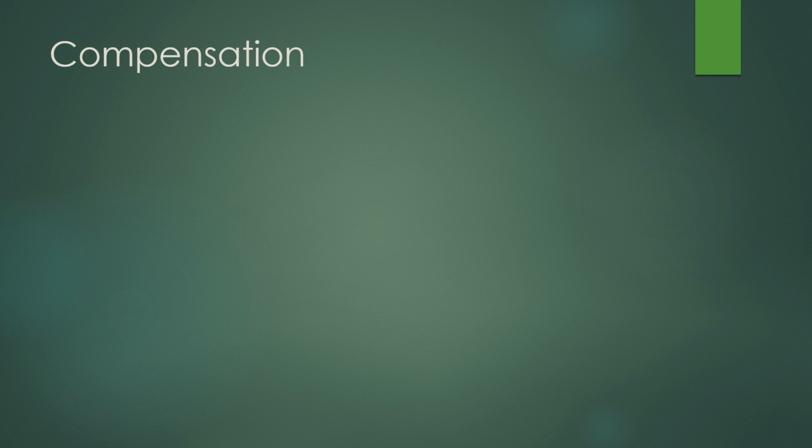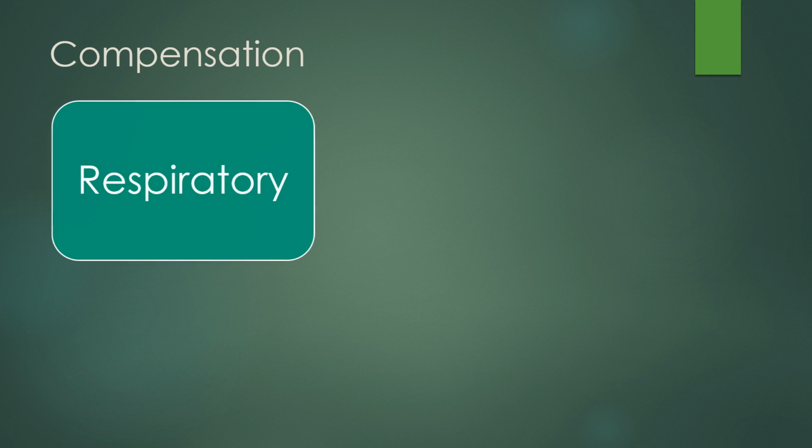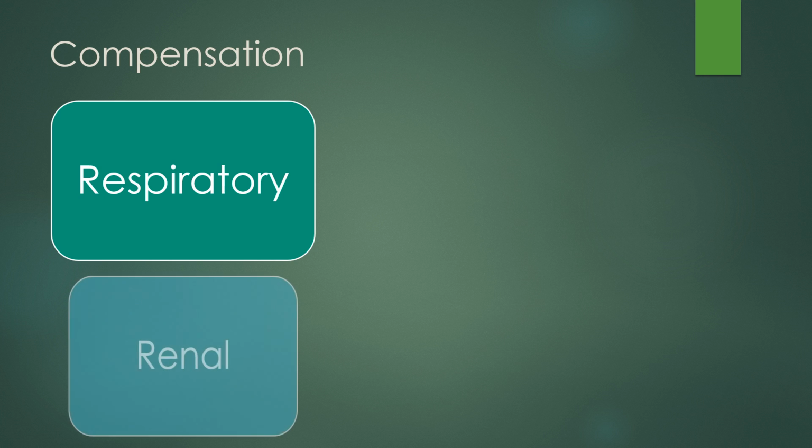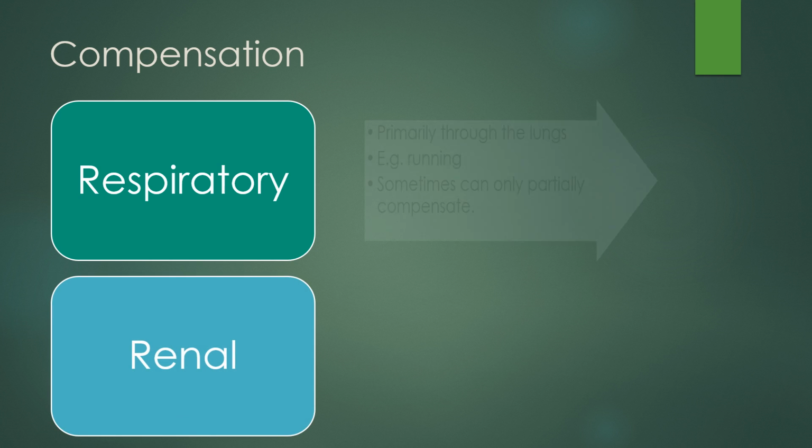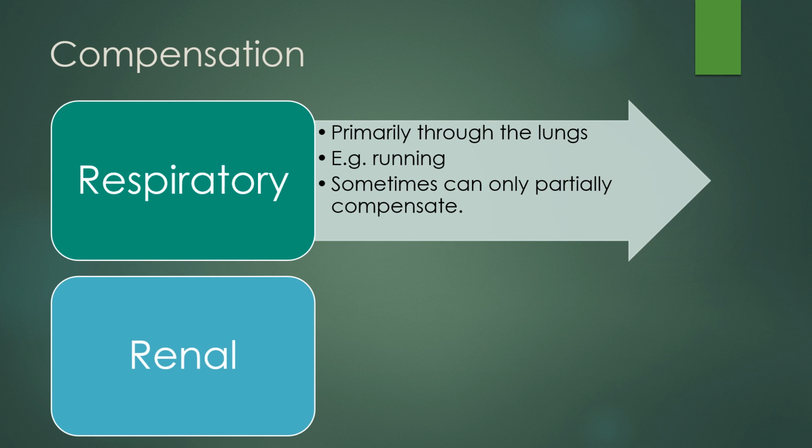Okay, compensation is the process of compensating, and what happens is the body adapts to attempt to correct changes in blood pH. There are two forms, respiratory and renal. Respiratory compensation occurs through the lungs, usually to correct for acid-base imbalances from metabolic problems.